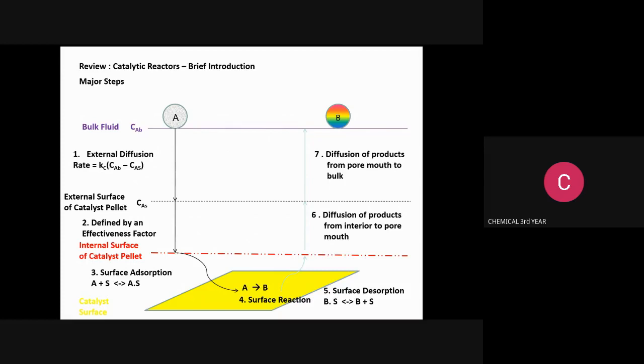Okay. The next, sixth one: diffusion of products from the interior to the pore mouth. This is the sixth one. You just remember that the sixth and seventh processes are simply diffusion. Just remember the diffusion. Okay.